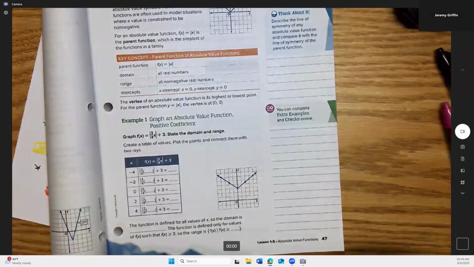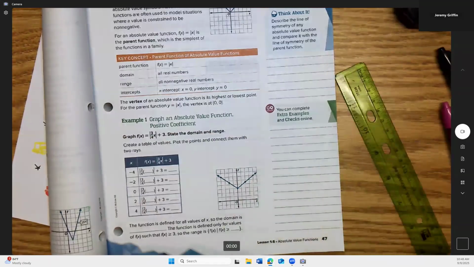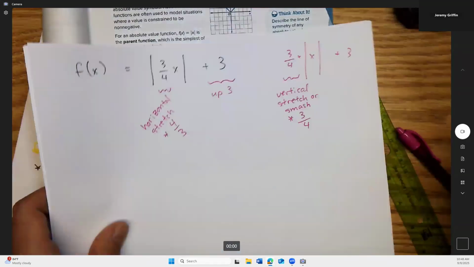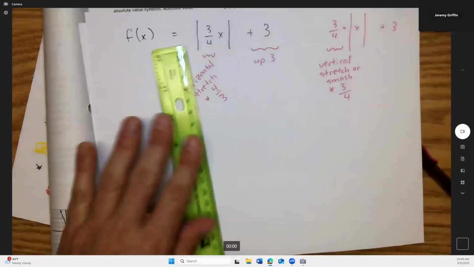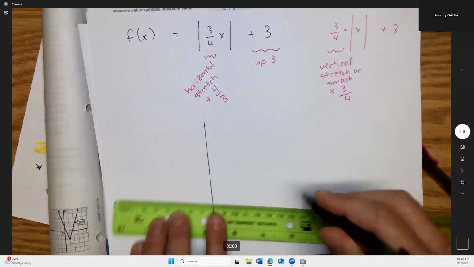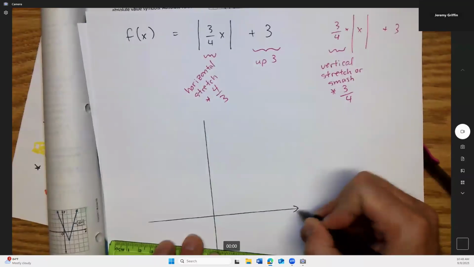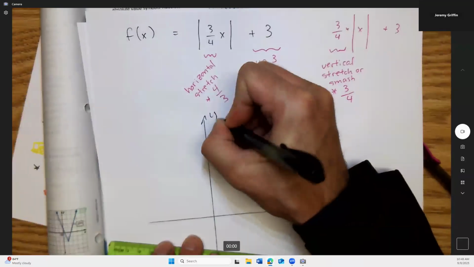Okay. Right. So here, let's make our own graph to just guarantee it. They're not lying to us, right? Okay. So get a graph going. Got x, y, go.